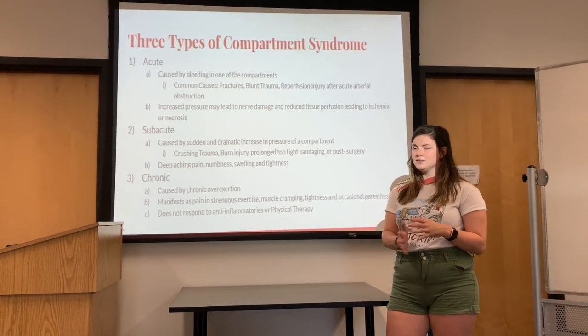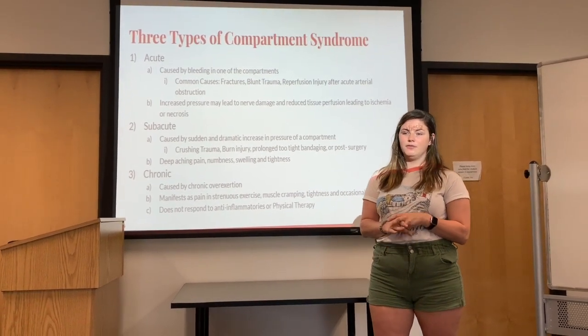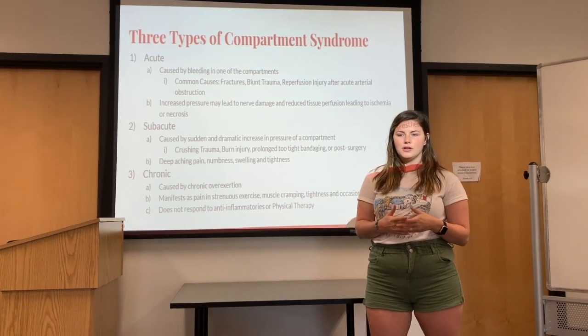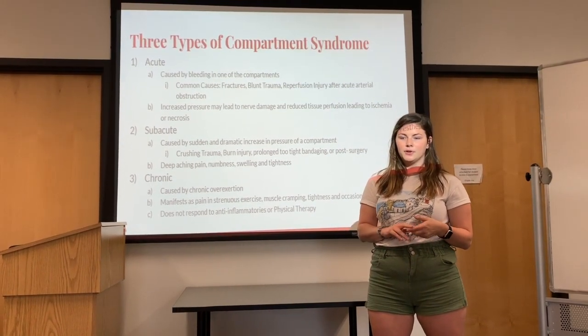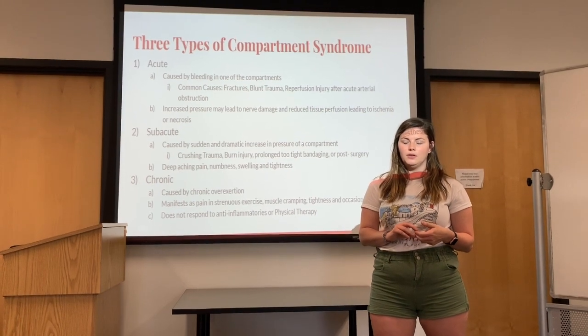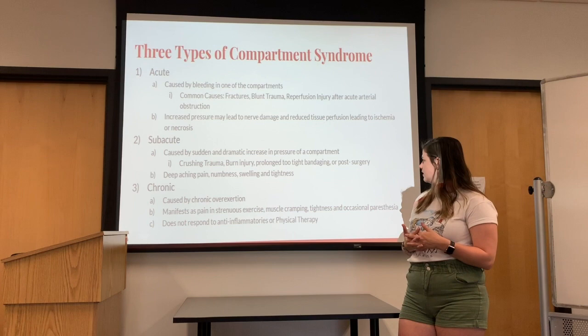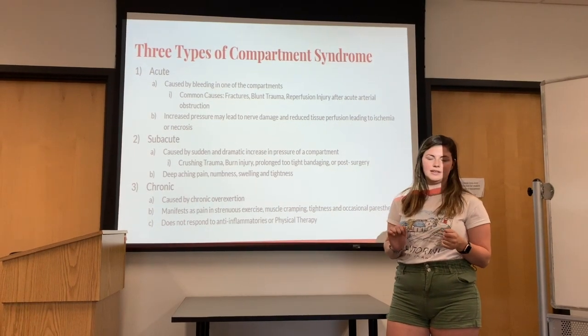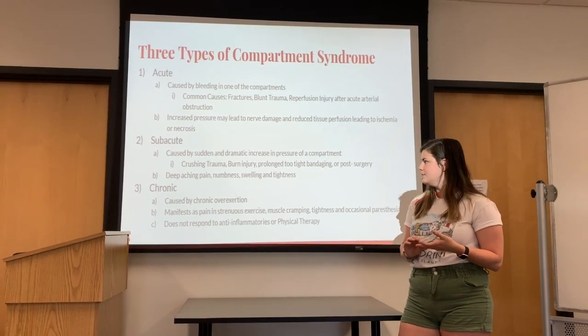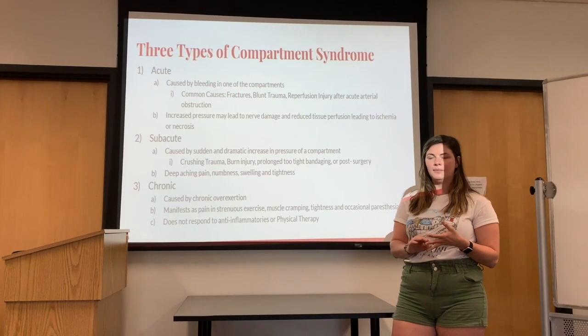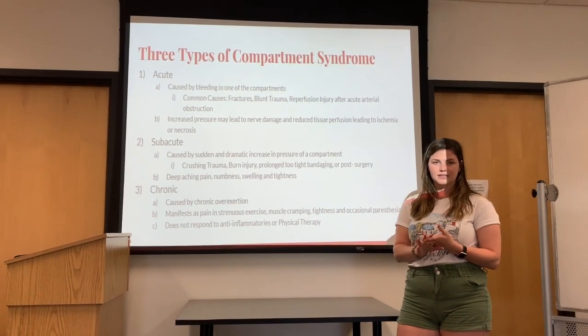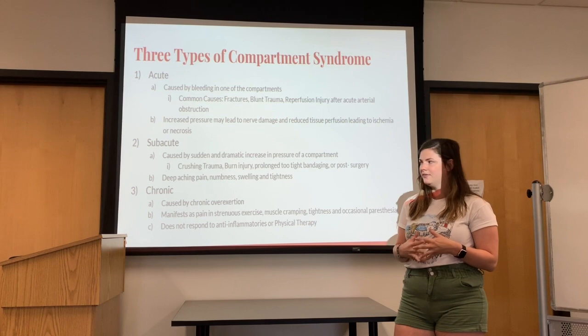Subacute is caused by a sudden and dramatic increase in the pressure of one of the compartments. So crushing trauma, burn injury, prolonged tight bandaging can cause it, or post-surgery this can happen as well. This is a deep aching pain, and numbness and swelling and tightness is a way that this manifests.